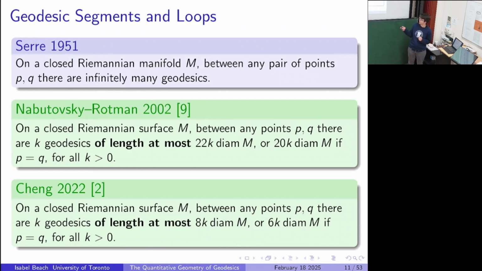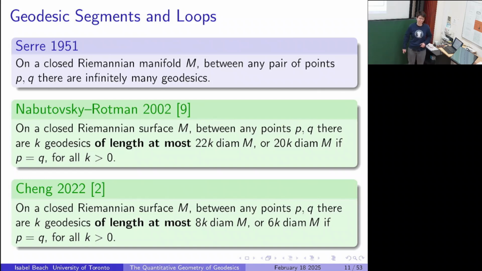So this is for any k, so you can imagine here what we're really saying is that there's infinitely many, and their lengths grow linearly as a function of the diameter. So the shortest has length 22 times the diameter, and the second shortest has like 44 times diameter, and the third one has 66 times diameter, so this is really for all k. And then Hangi, who's also in the audience, I think.